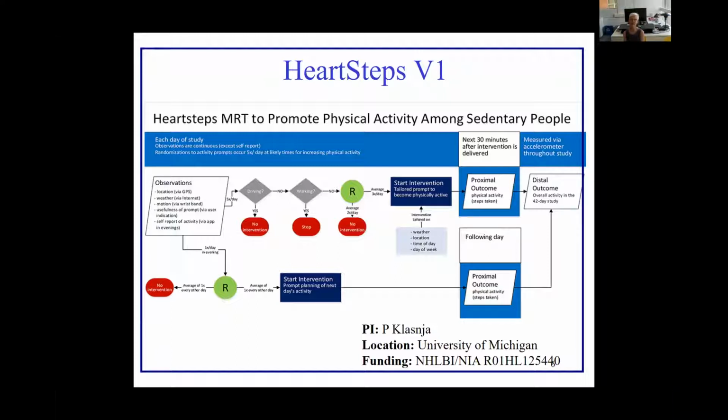Remember again, 5 times a day. This is a 42-day study. So if someone were available at all 5 times every single day, they would be randomized 5 times 42, which is 210 times.